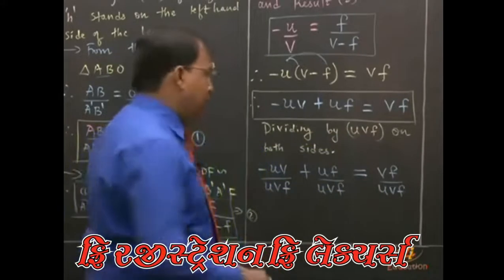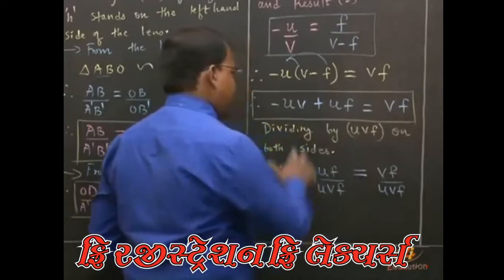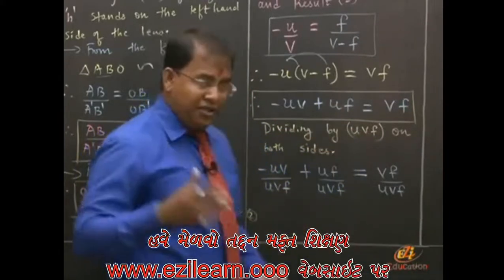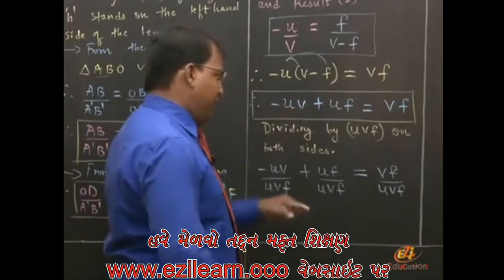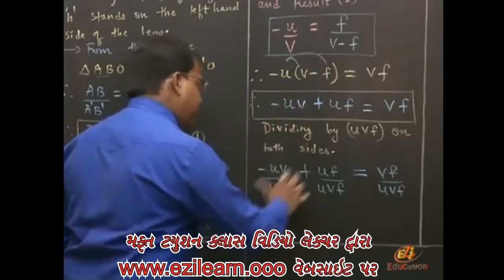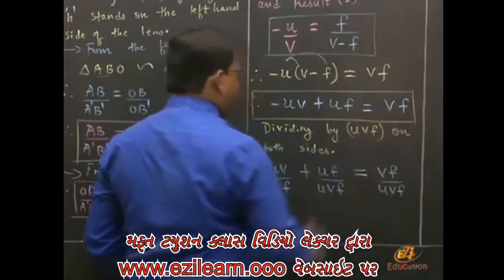Again, when you get this result, you take a sort of LCM, dividing by UVF, which comes out as the LCM if there was any denominator. So both sides get divided by UVF: minus UV divided by UVF, UF divided by UVF, VF divided by UVF.